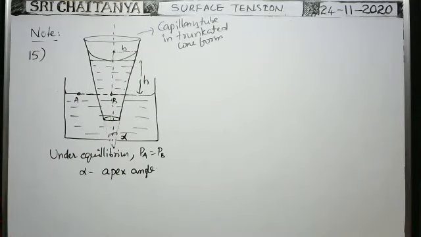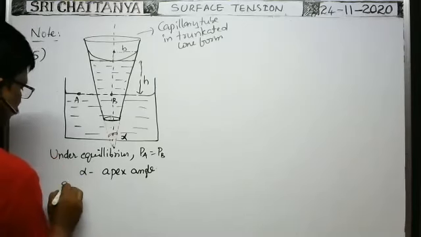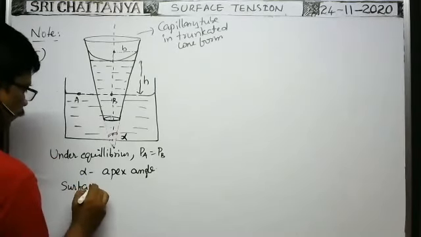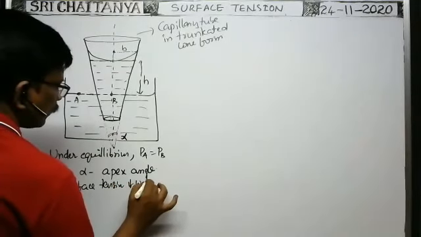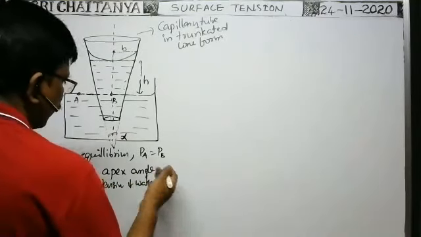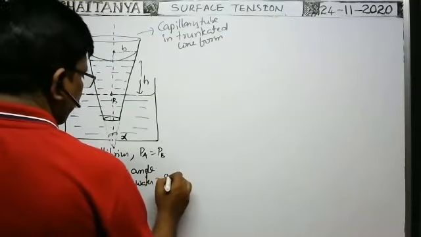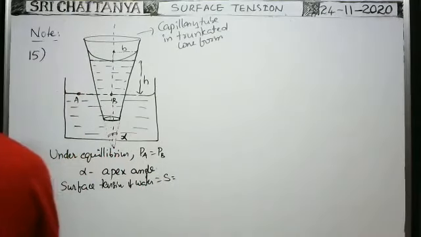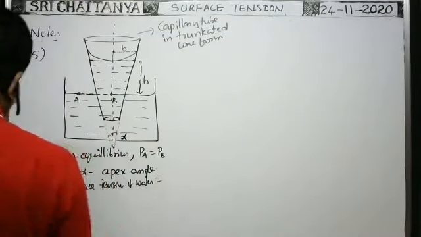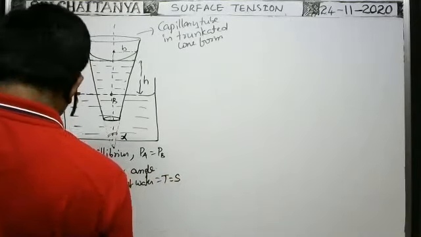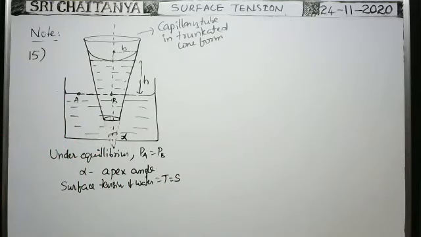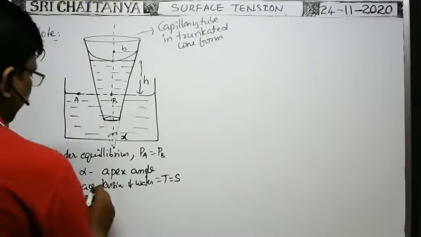If the surface tension of the water is s. Surface tension of water is equal to s, given. Instead of t, s is given. Of course, surface tension is t, that is given as s in this problem.